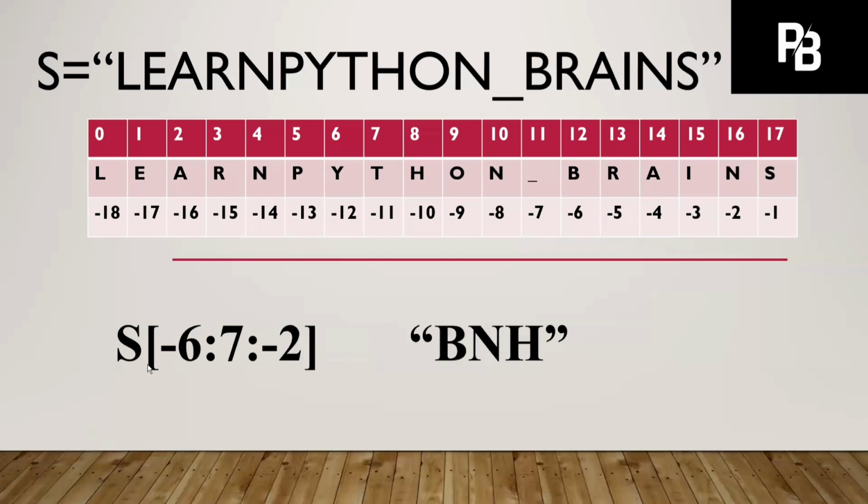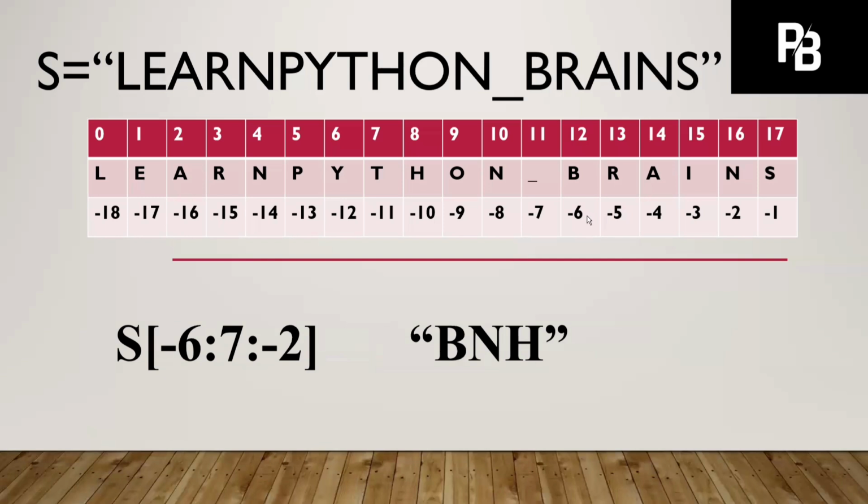Next, we have one more example. You can see -6 to 7. Now, where is -6? This is -6 and this is 7. Okay. So -6 to 7, backward direction, and -2. Again, the step value is -2. So -2 means move in the backward direction.